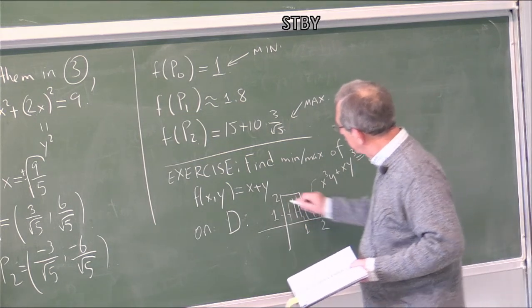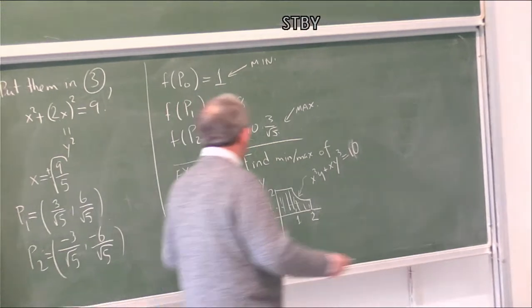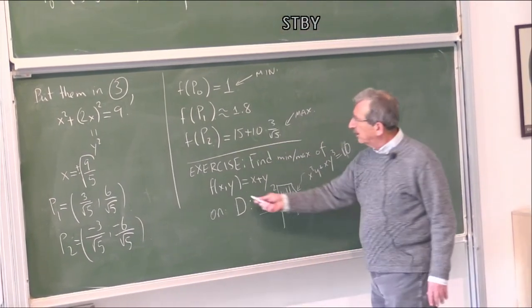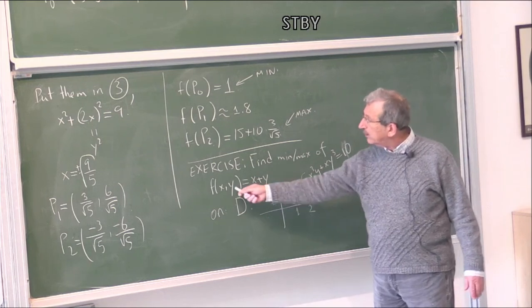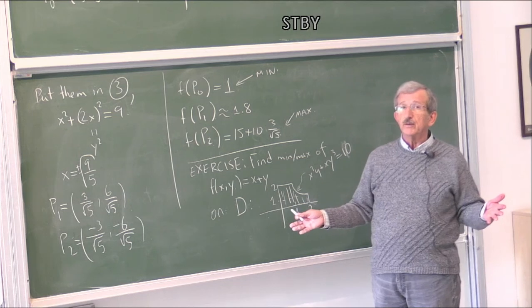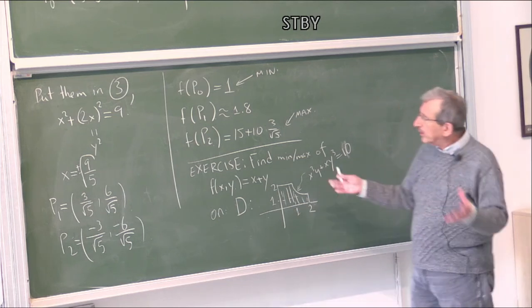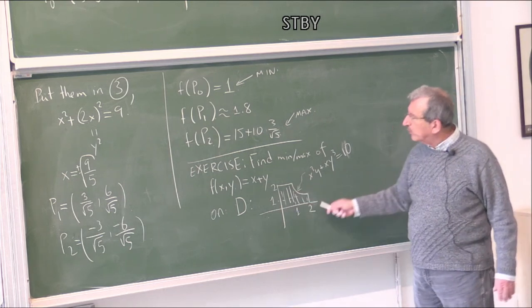So this is D. We could, of course, check the critical points very easily. There are no critical points actually. The derivative of f with respect to x is 1, with respect to y is 0, so the gradient is never 0. That means there are no critical points. So the minimum and maximum must occur on the boundary.